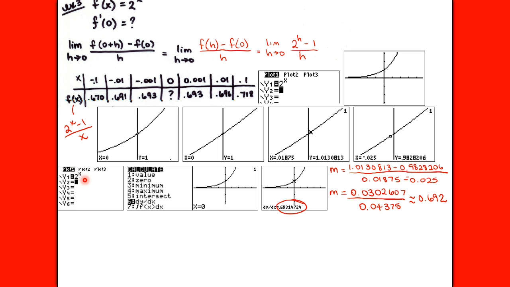It wasn't that 2 to the x minus 1 divided by h thing, or x. That was what we were using for the limit. I need to go back to the original equation, 2 to the x. Then I'm going to go to second trace, which is my calculate menu, where all the best buttons on my calculator are anyway, right? Number 6 down here is derivative.